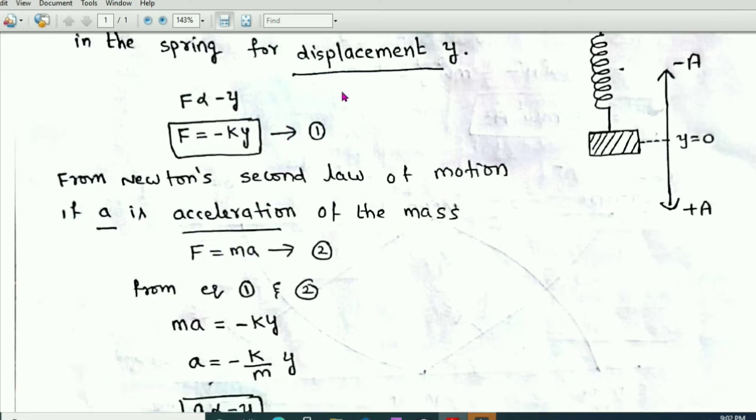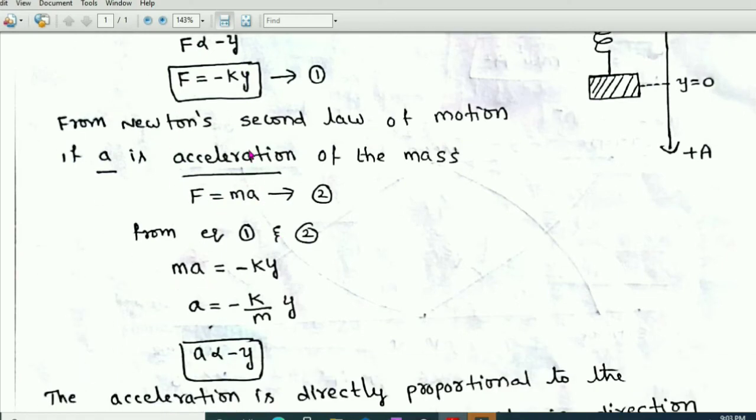From equations 1 and 2, we can equate them. On the left hand side, both are force F, so equating the right hand sides, Ma is equal to minus Ky. Taking M to the other side, A is equal to minus K by M into Y. K is the spring constant and M is the mass of the block, so K by M is constant.